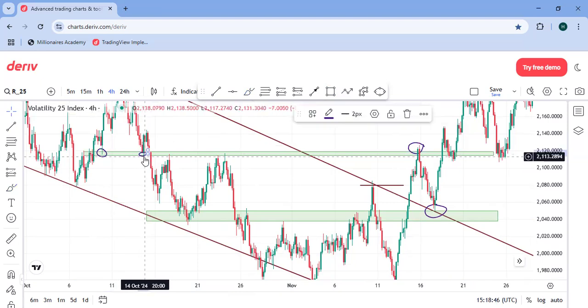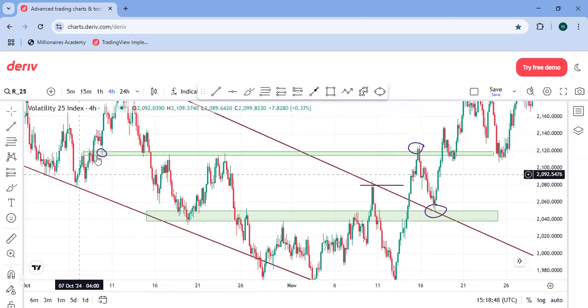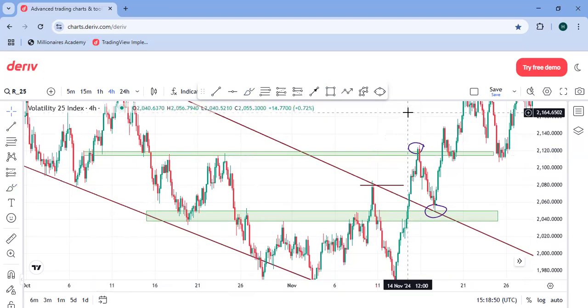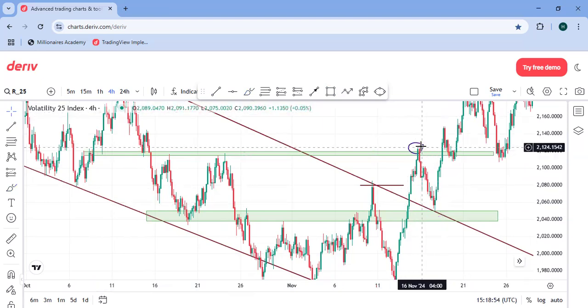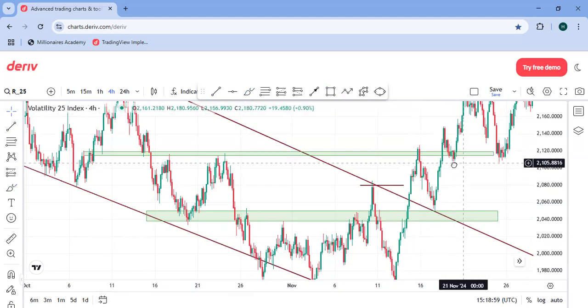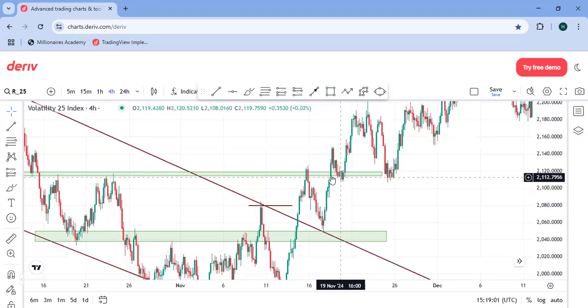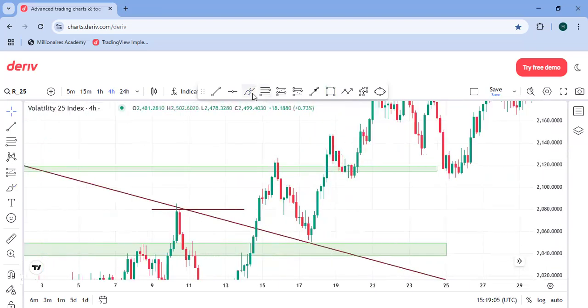Now, when you do that, you will stand a very high chance of capturing the move from the very beginning of the move. And also, if at all there's going to be any form of losses, it's going to be small, because if you enter the trade at this point, maybe sometimes you can set a buy limit right here on this same zone.